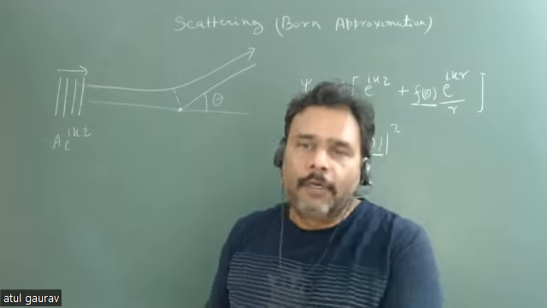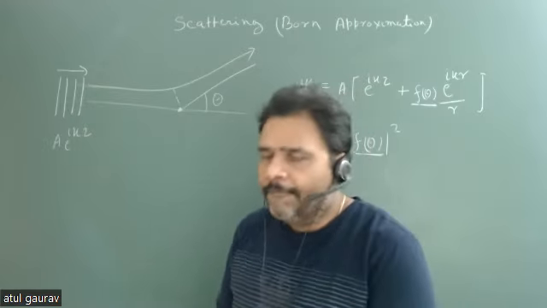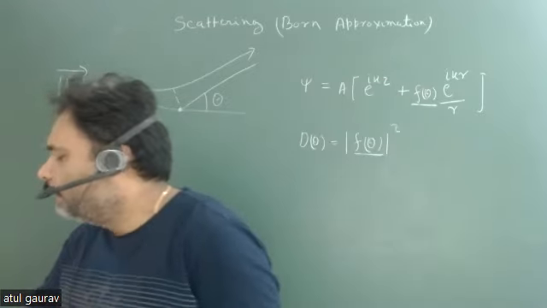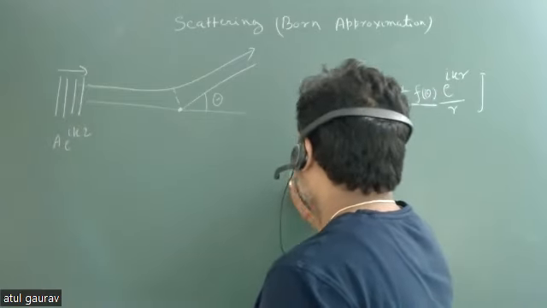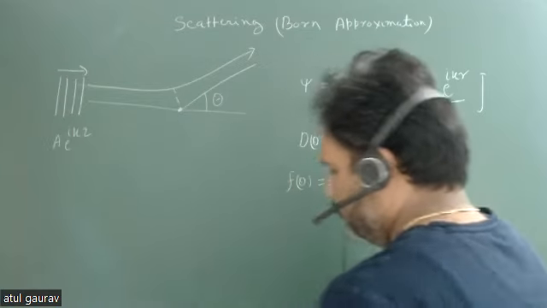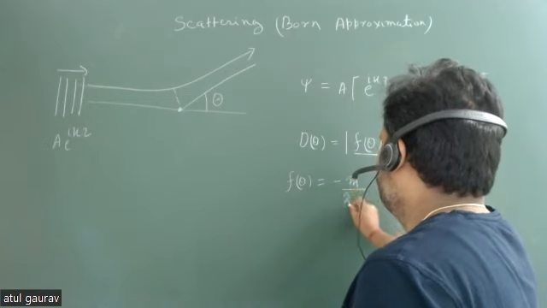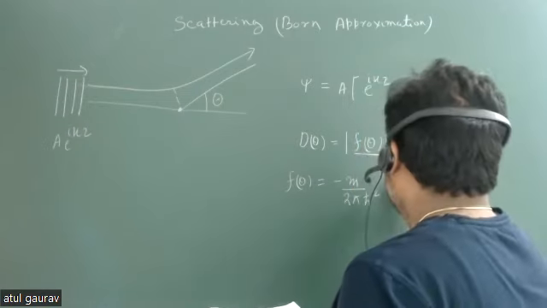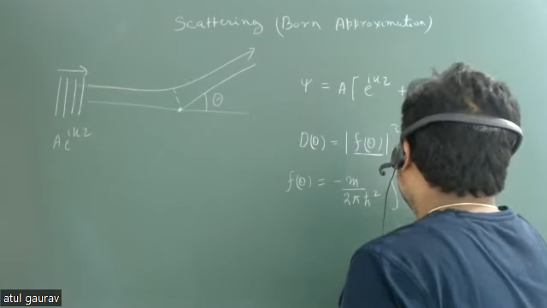According to the Born approximation and using the concept of Taylor expansion, the formula of f theta is: f theta is equal to minus m upon 2 pi h cross squared, integration V(r) d cube r.